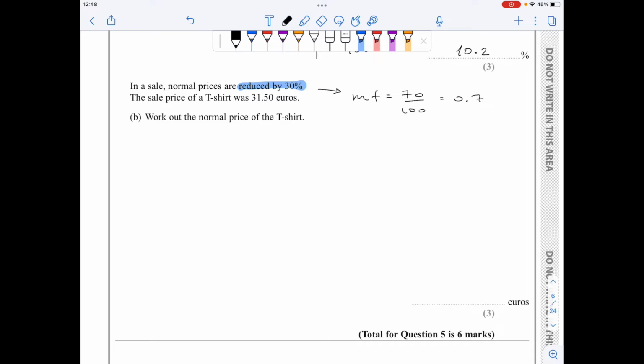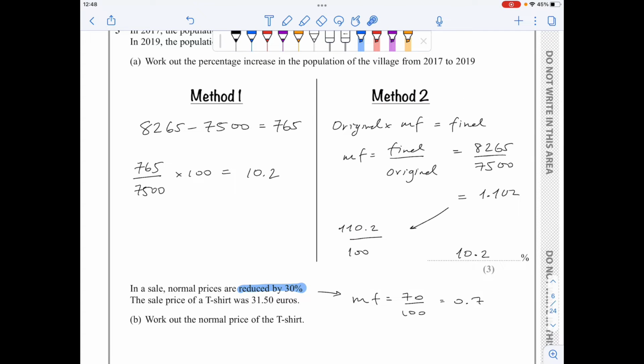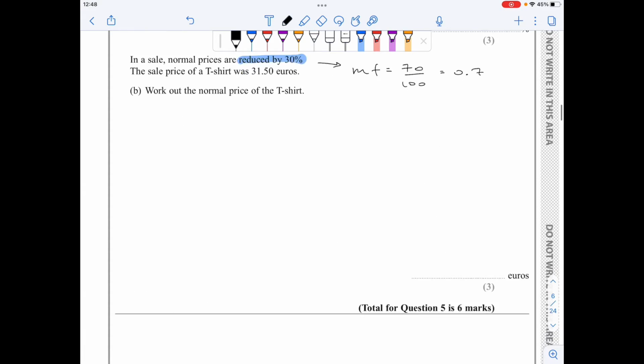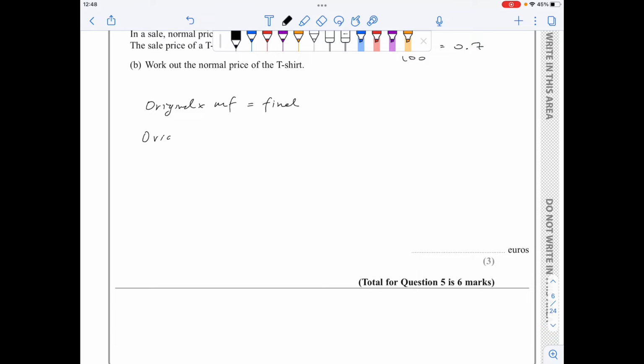So using the formula that I've mentioned above, original times multiplying factor is equal to the final one, I get original times 0.7 is equal to 3150. So the original price is equal to 3150 over 0.7, which will give me 45 euros.